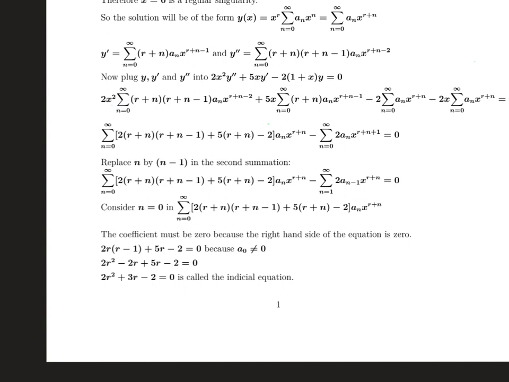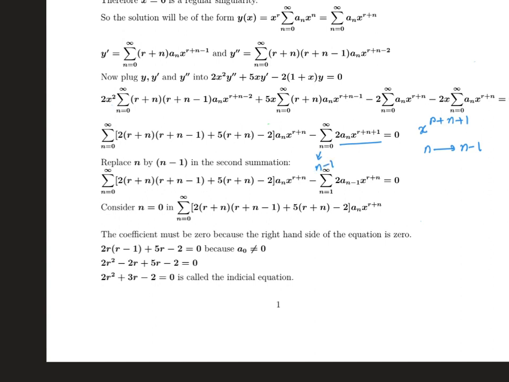Now, how do we shift the indices? It's pretty easy. Look at this summation, where you have x to the power r plus n plus 1. All you have to do is replace n by n minus 1. So every time you see n, you're going to replace it with n minus 1.